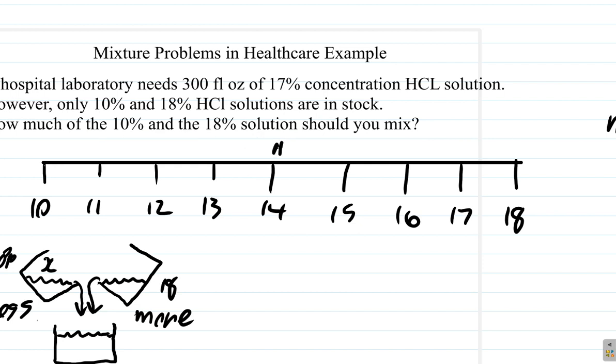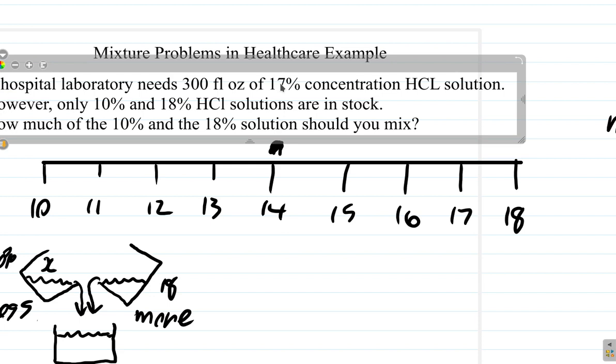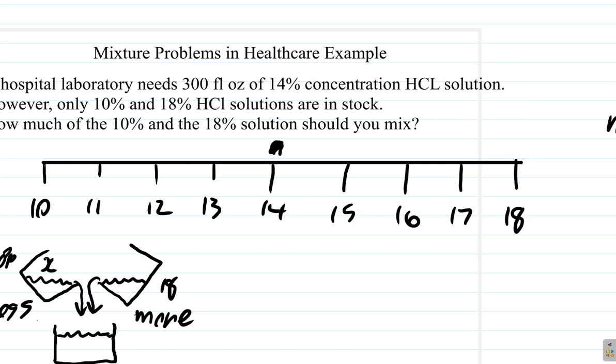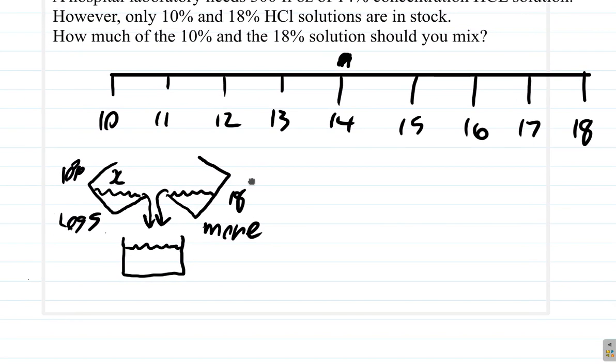So suppose you have a case where you need to mix them to get a 14% solution. What will happen? You need to go halfway between.